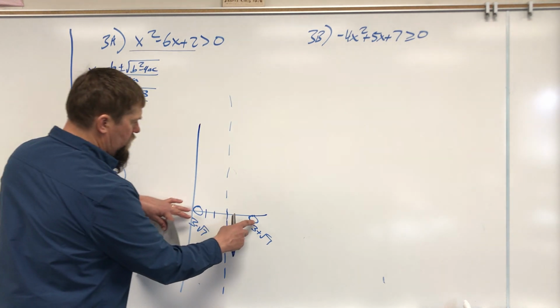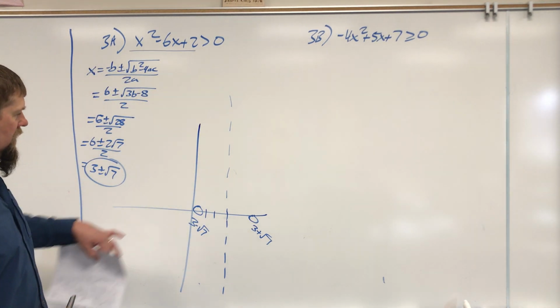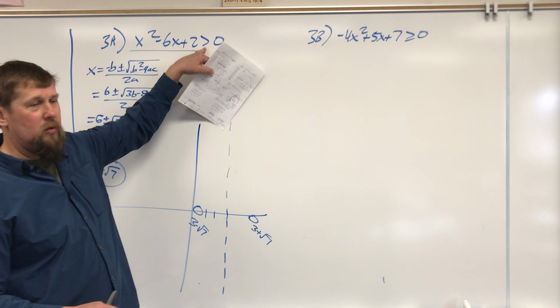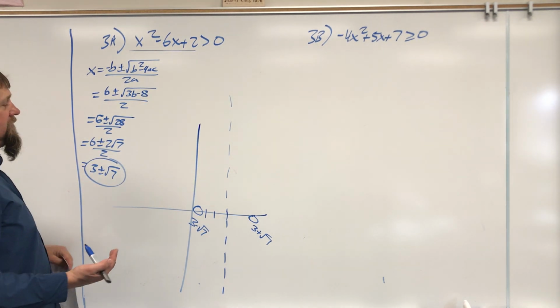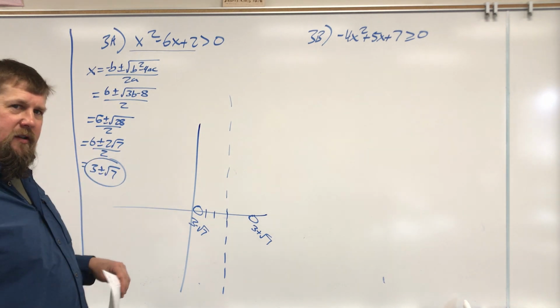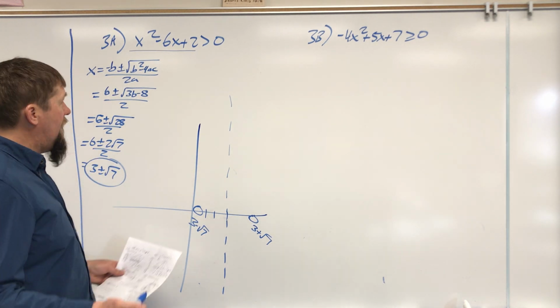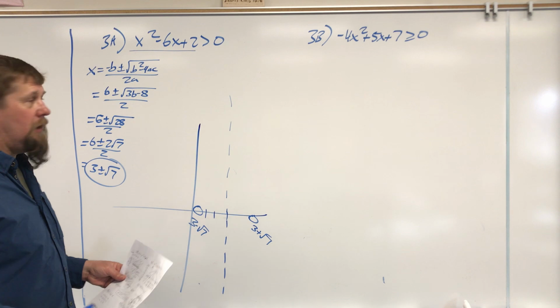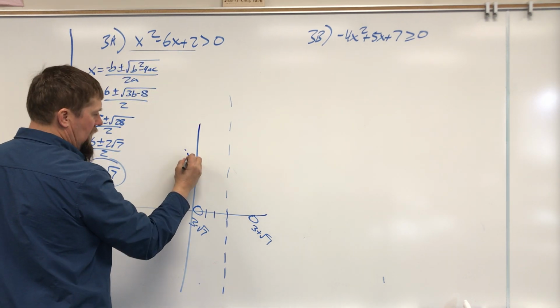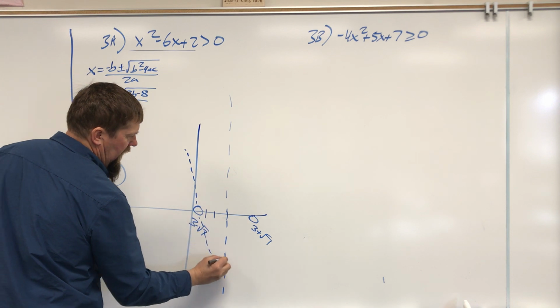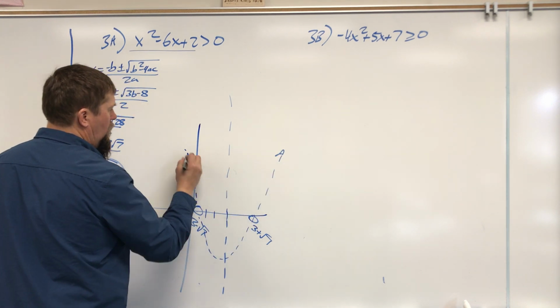So those are your two intercepts. They're open circles because it's not equal to. Now, if I were to actually graph this, I'm not going to worry about exactly where the vertex is. All I have to know is, does it open up or down? And because a is positive, it opens up. So I'm going to go ahead and draw a parabola opening up.